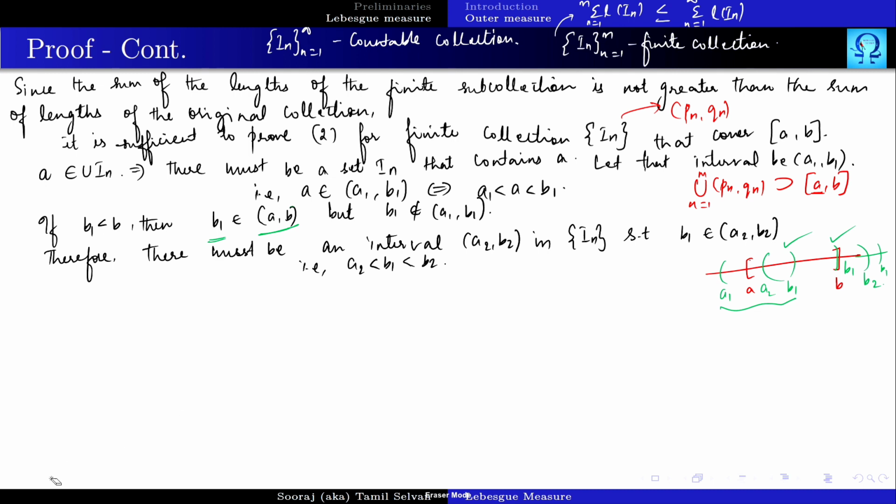We can identify like this. So we have to continue this process.